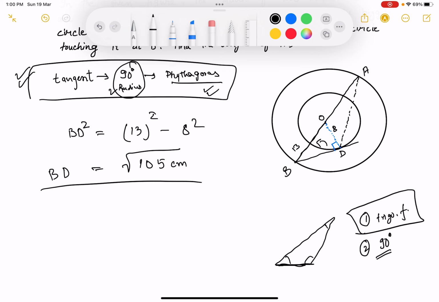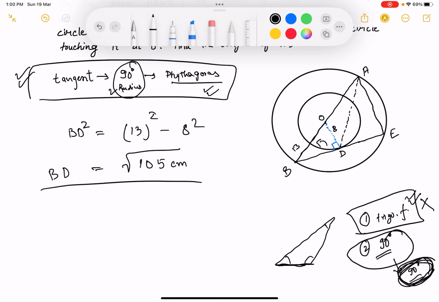So we cannot go with trigonometric functions, so this will not work. Then another thing is we can always find some angle as 90 degree. So let's begin the search for this thing. And that's why we are going to do some construction. We are going to extend this and I'm going to join this. And let's name this point as E.